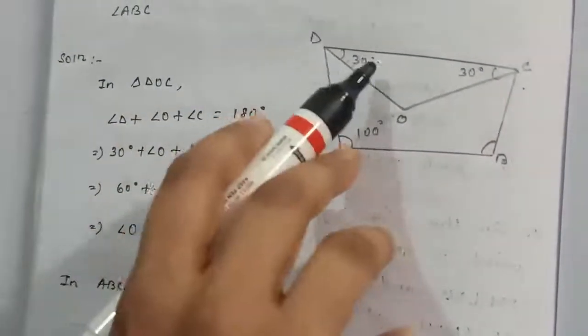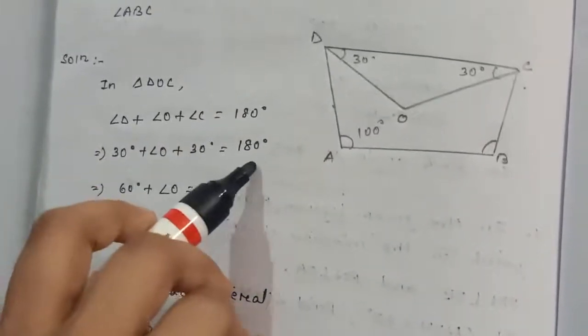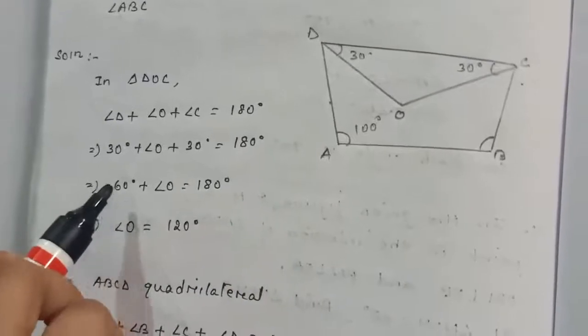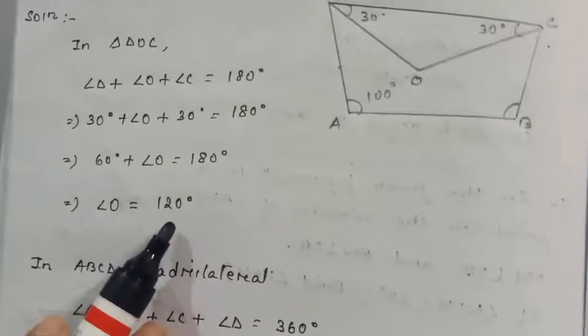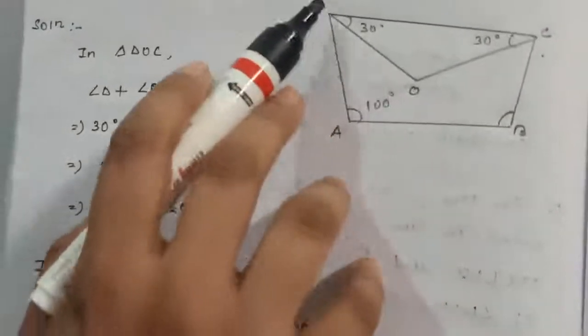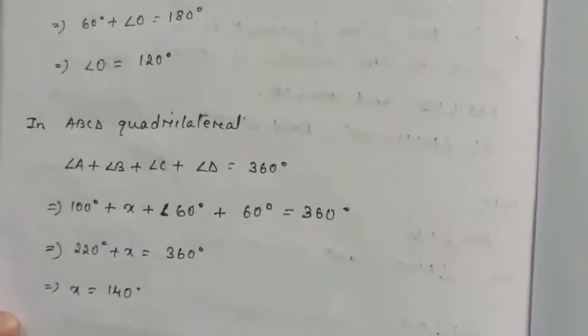So angle D is how much? 30 degrees plus angle O plus 30 degrees is 180 degrees. 30 plus 30 will be 60 degrees. 60 degrees plus angle O is equal to 180 degrees. So angle O is 120 degrees. Angle O means angle DOC is equal to 120 degrees. So see, angle DOC is equal to 120 degrees.